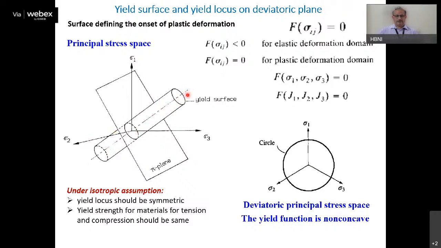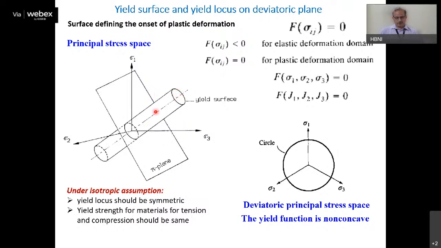Then, as we discussed, the deviatoric stress plane is normal to this direction, and any vector in this plane corresponds to deviatoric stresses. If your system is isotropic, then in any direction the yielding should happen at some critical value of the magnitude of the deviatoric stress.